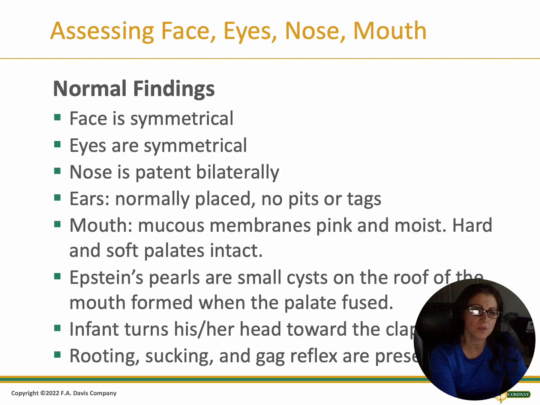Normal findings include symmetry throughout, patency of the nose, normally placed ears, normal pink and moist mucous membranes of the mouth, and there is motion of the head from side to side, symmetric movements, as well as rooting, sucking, and gag reflexes, which indicate normal neurological system.